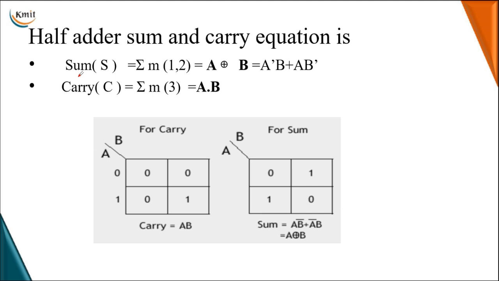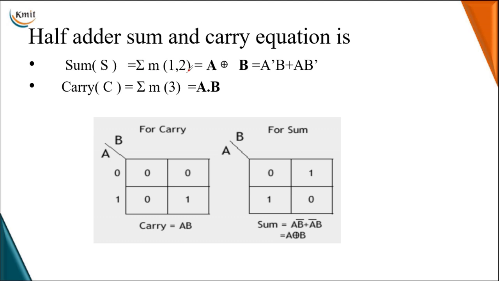From the truth table, if I write the standard SOP expression for each output, the summation output gives sigma m of 1, 2, and the carry output gives sigma m of 3. Since the functional value for those combinations is logical one, we represent the output expression in the form of SSOP.